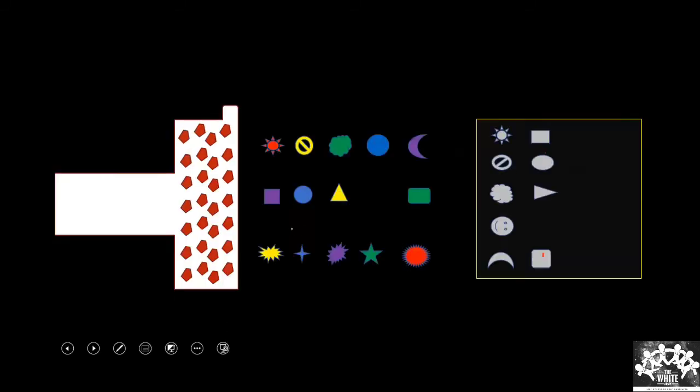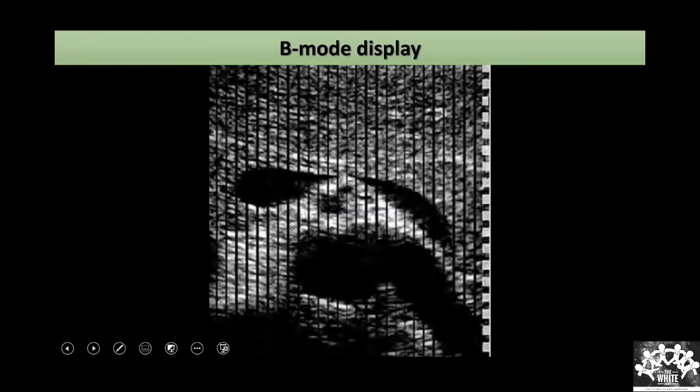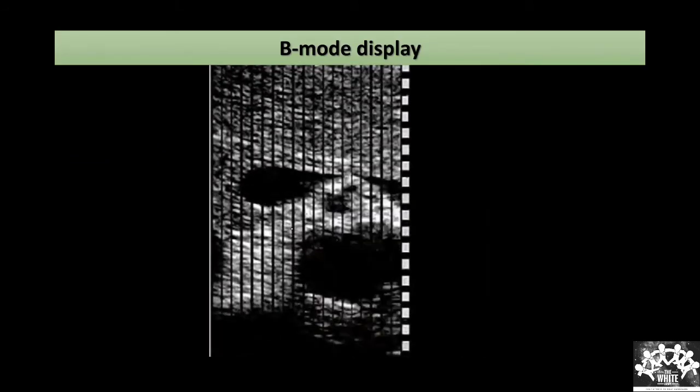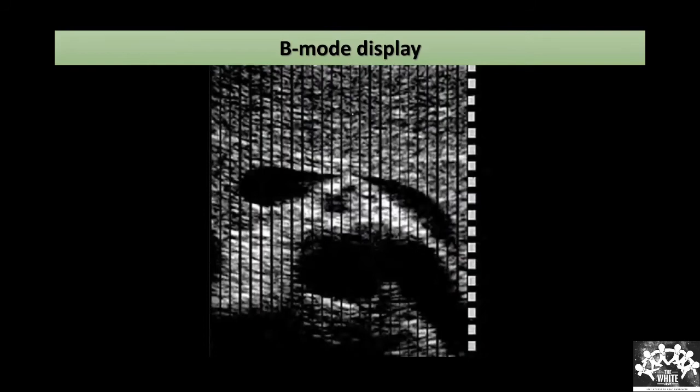This is the B mode. You get multiple intensities. Multiple lines will form one image. Such 60 images can be acquired in 1 second. That means you are getting a movie, not exactly an image.